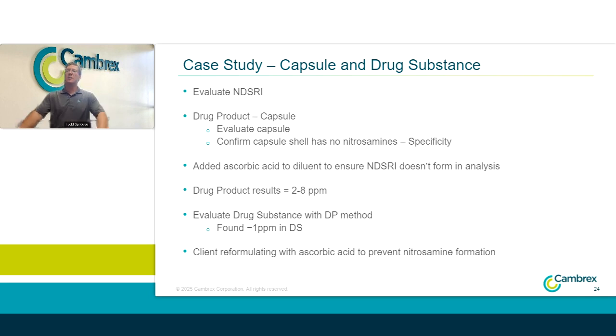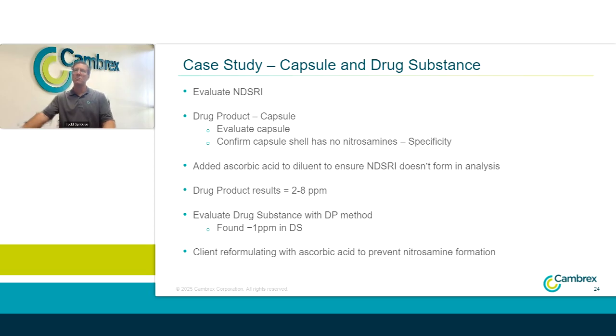And so we looked at a capsule formulation as well, evaluating just the NDSRI. We evaluated the capsule shell itself to confirm that there were no nitrosamines through a specificity, because there were conversations around the EMA guidance on what needed to be included in the sample prep.